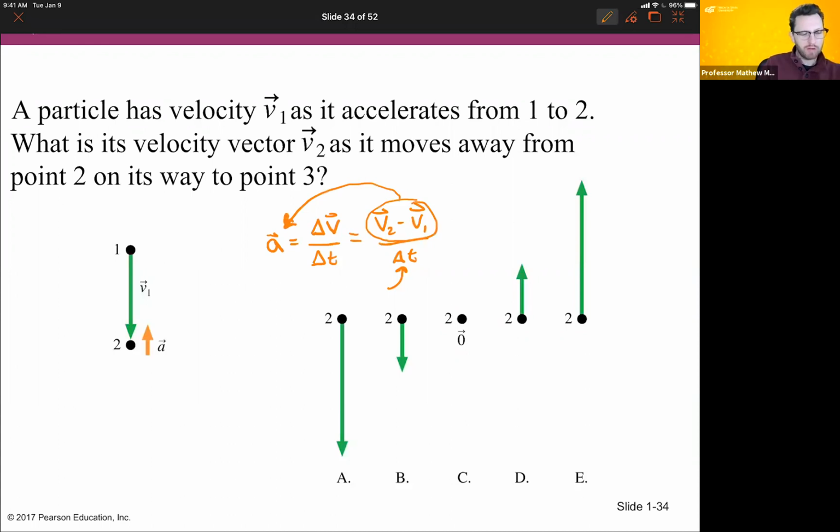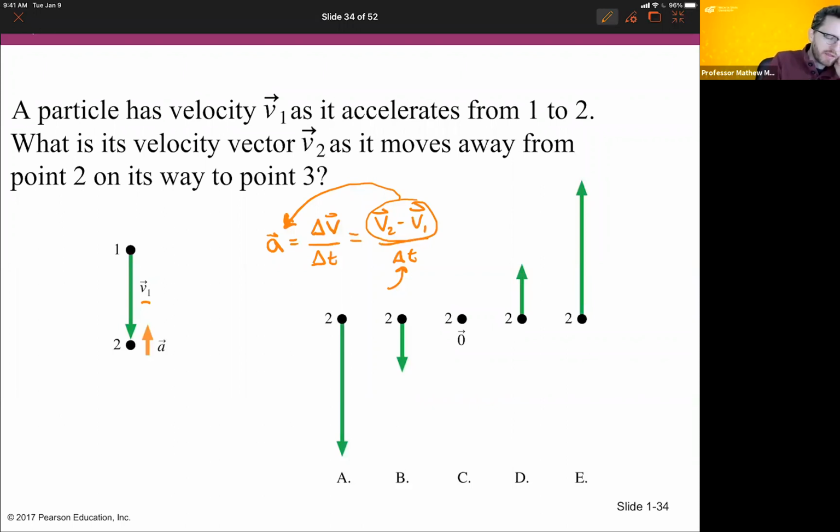We have a particle that has a velocity v1 that's given in this diagram, and it accelerates from 1 to 2. What is the velocity vector v2 as it moves away from 2 on its way to point 3? So how are we going to do that? Well, we have v1.